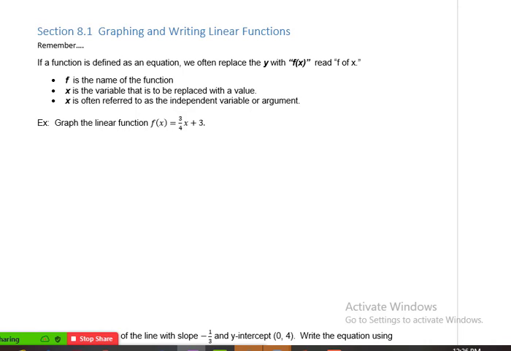And just as a reminder, a function is defined as an equation where every x value has only one y value. And we often replace the y with the notation f of x, okay? Whenever we say f of x, we really mean y.